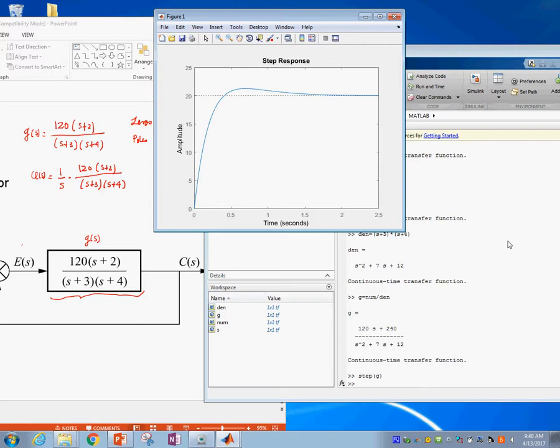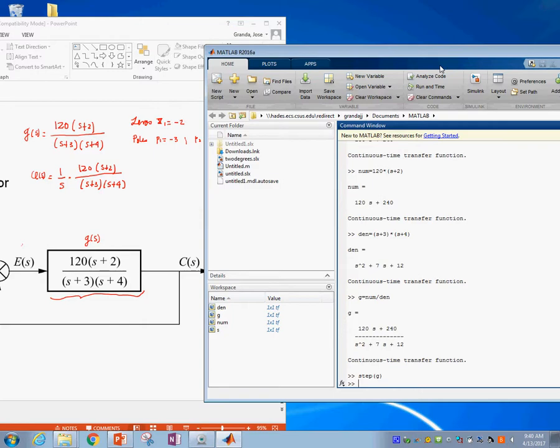So that's the way we get the step response to test what the steady state error is. You could also test this with a ramp. So let's go over here, say ramp of G, like that.